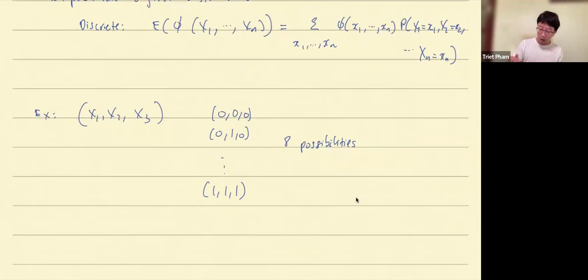Then you can have something like the expectation of x1 times x2 times x3 as the sum over the product of these numbers times the probability that X equals these numbers.